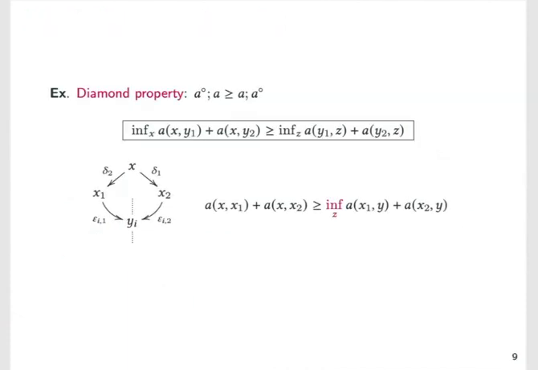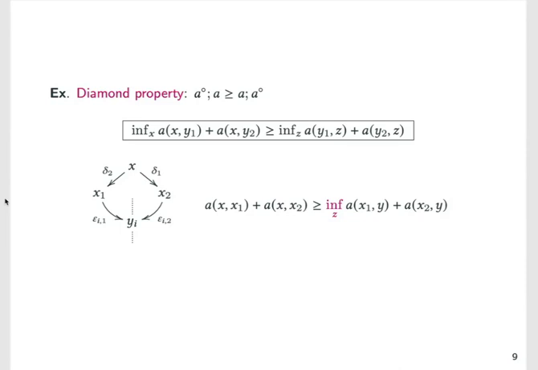So for instance, if we look at the definition of the diamond property, which is given by the formula here at the top of the slide using the quantitative relational calculus notation, and we unfold the definition, we come up with this formula, which in particular means that whenever we have an element x which can be reduced to two elements, x1 and x2, then the distance between these two elements, obtained by taking this path here, must be an upper bound of the distances between their common reducts.